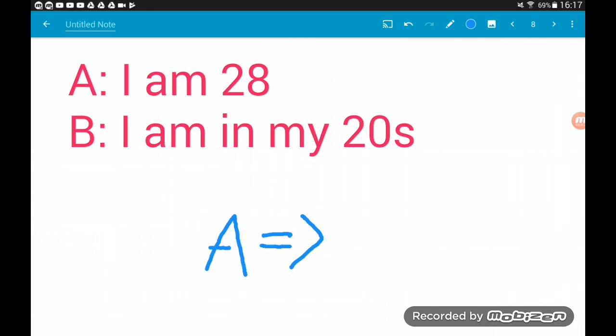Does statement B imply statement A? If I am in my 20s, am I definitely 28? No, I might be 20, 21, 22, 23, for example. So statement B does not imply statement A. So the implication here is A implies B.